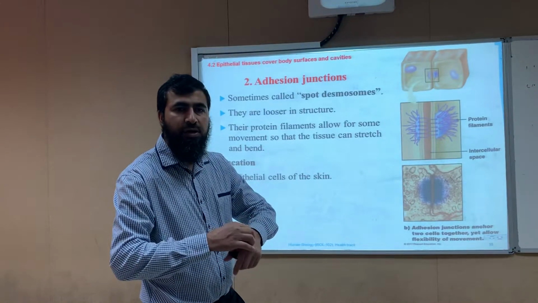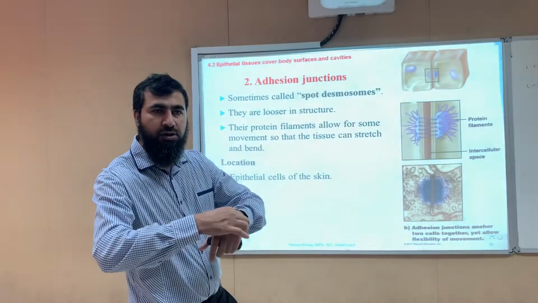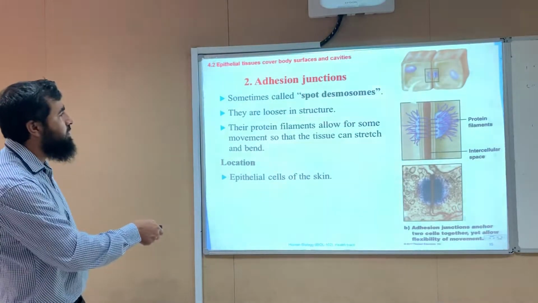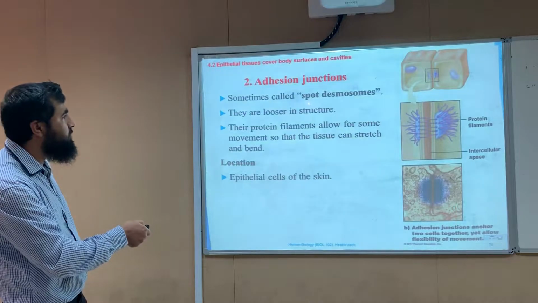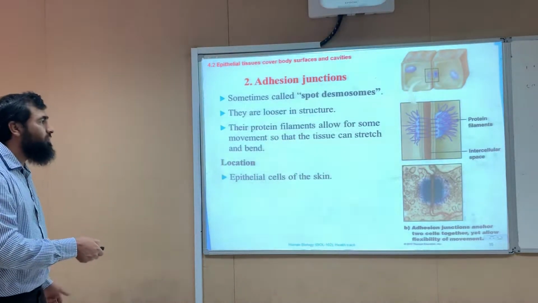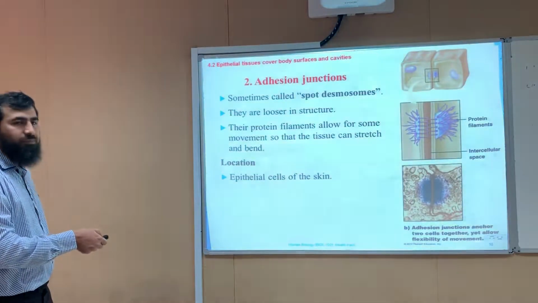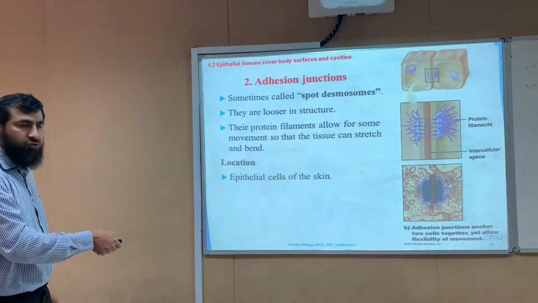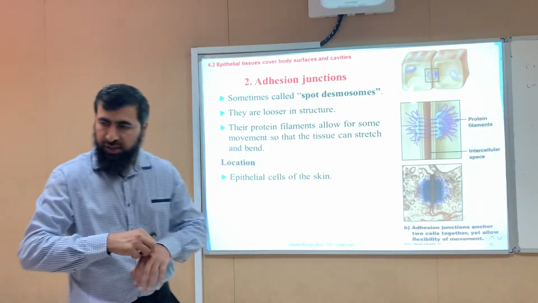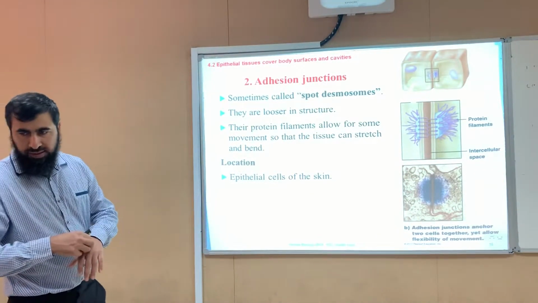You can stretch your skin a lot if you try to pull it. It's because the epithelial tissue has these spot desmosomes or adhesion junctions between them that give some strength, but a lot of stretch, okay? So the tissue can stretch, like the skin. But nothing can move inside.